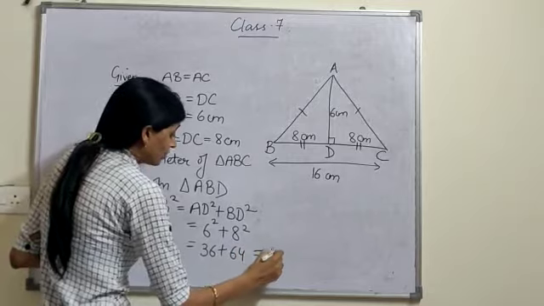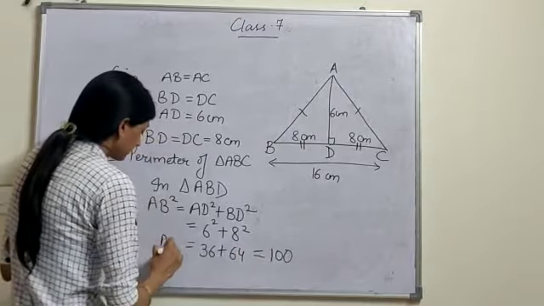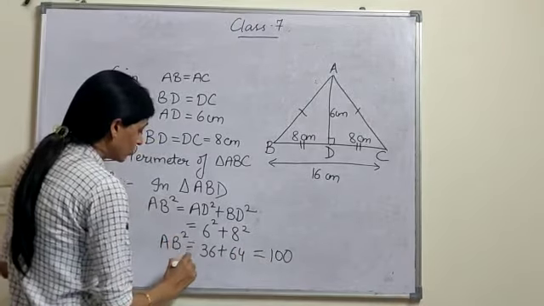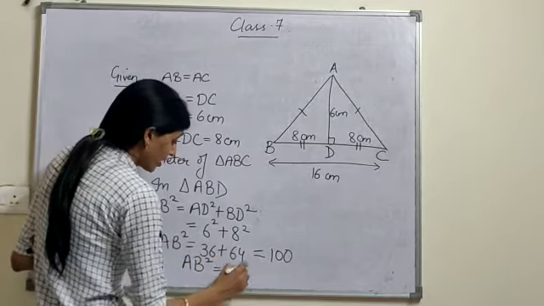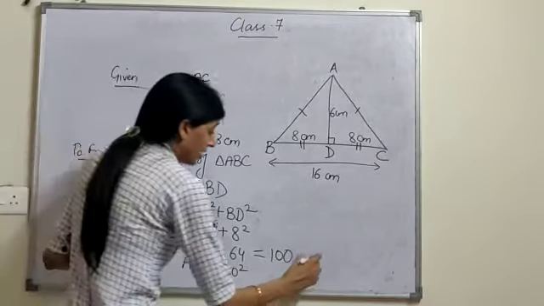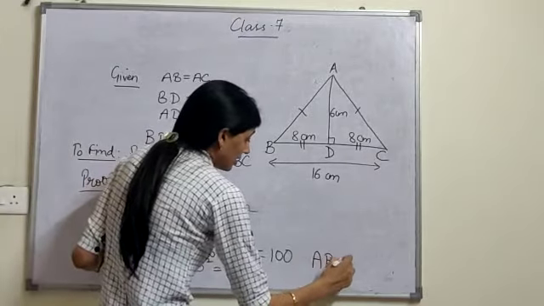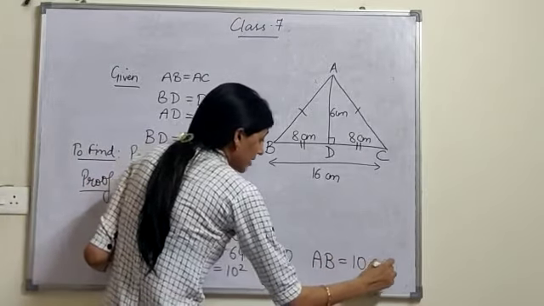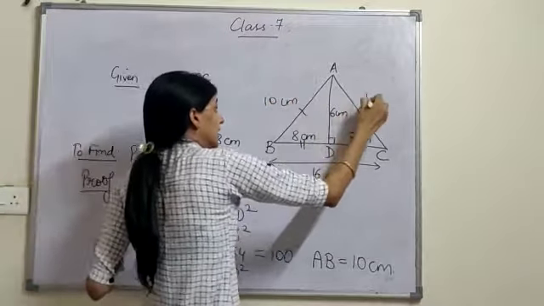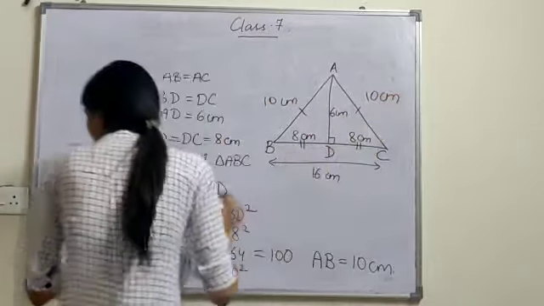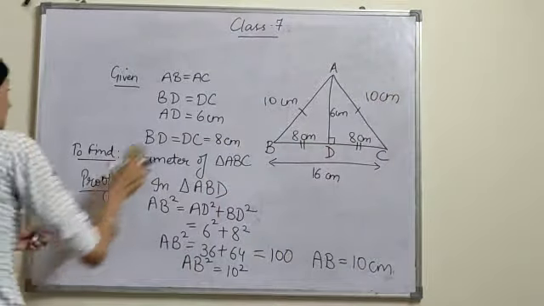It comes out to be 100. AB square comes out to be 100. So AB square comes out to be the square of 10. So what is AB? 10 centimeter. This side is equal to this side. This is also 10. So what will be the perimeter?